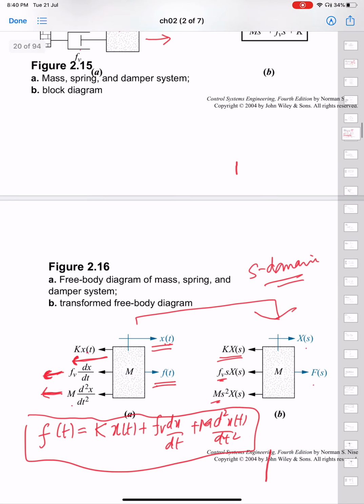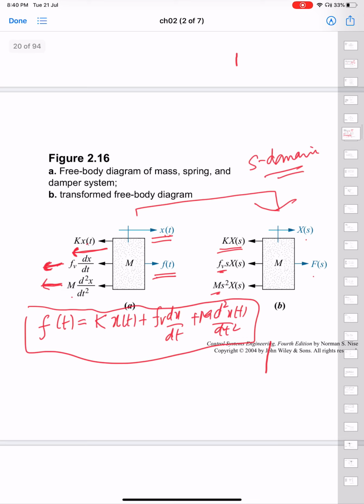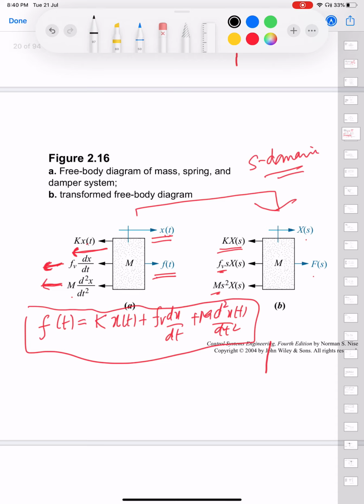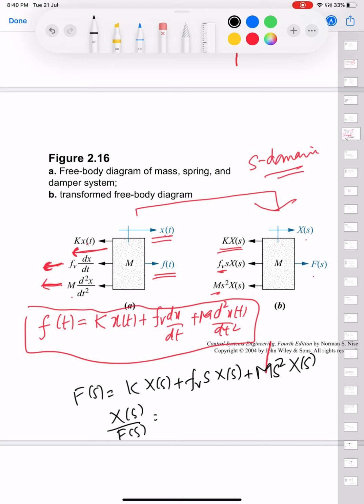And then you can straight away write down the transfer function, because when you see this transformed equation, you can say F(s) is equal to k X(s) plus Fv s X(s) plus m s squared X(s), and then you can write down your X(s) by F(s) is equal to 1 by m s squared plus Fv s plus k, right?